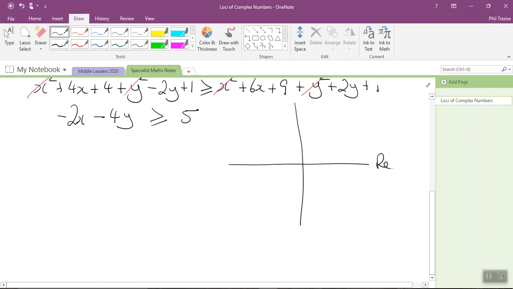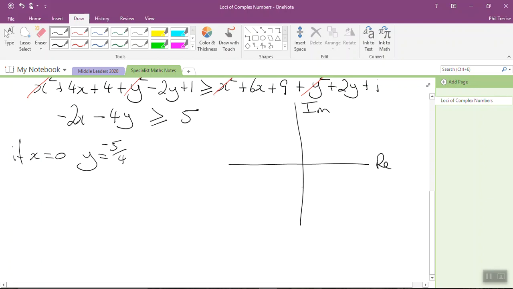So real, imaginary. Now let's just imagine here, if x equals 0, well, if x was 0, then this term would be nothing, and we'd simply divide by minus 4. Y would be 5 divided by minus 4, so negative 5 over 4.